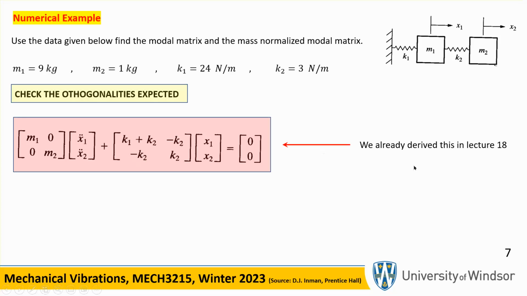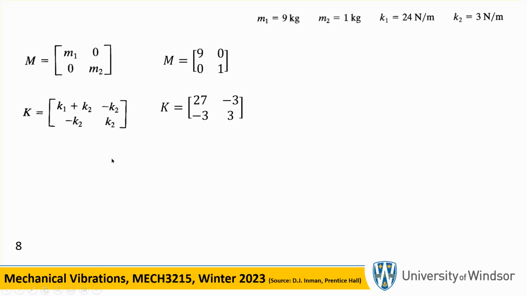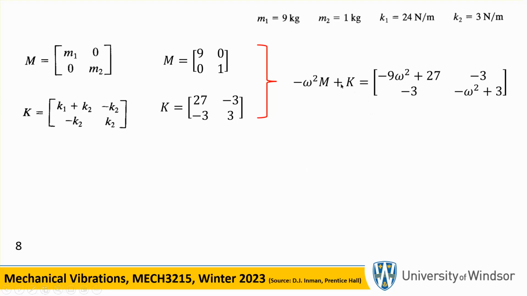These are not zero. All right, so let's take these numbers, the mass and stiffness matrices, and stick them in there. You're going to get this. This is diagonal because of the lumping of the system, and this is not diagonal. Now, the mother of all equations: you have to find this matrix and set its determinant equal to 0 and solve for omega.